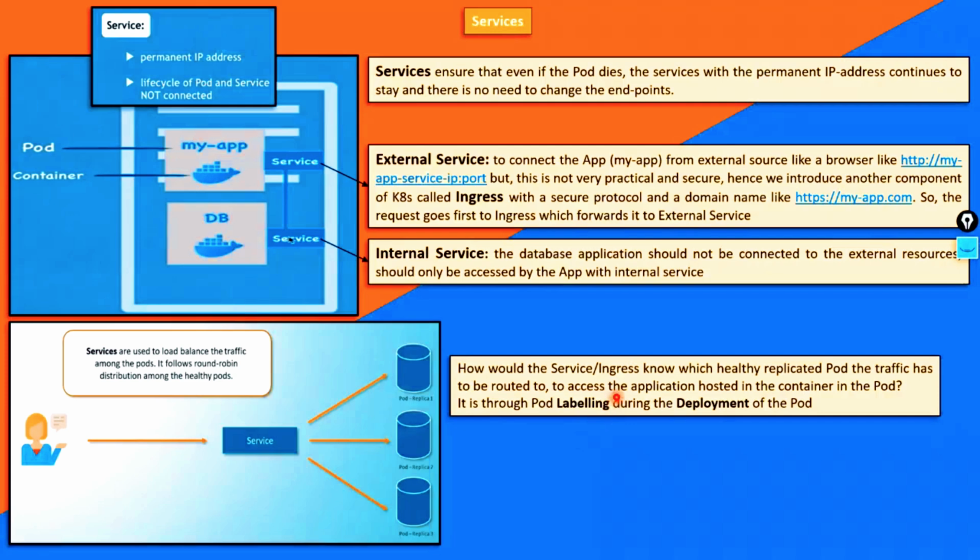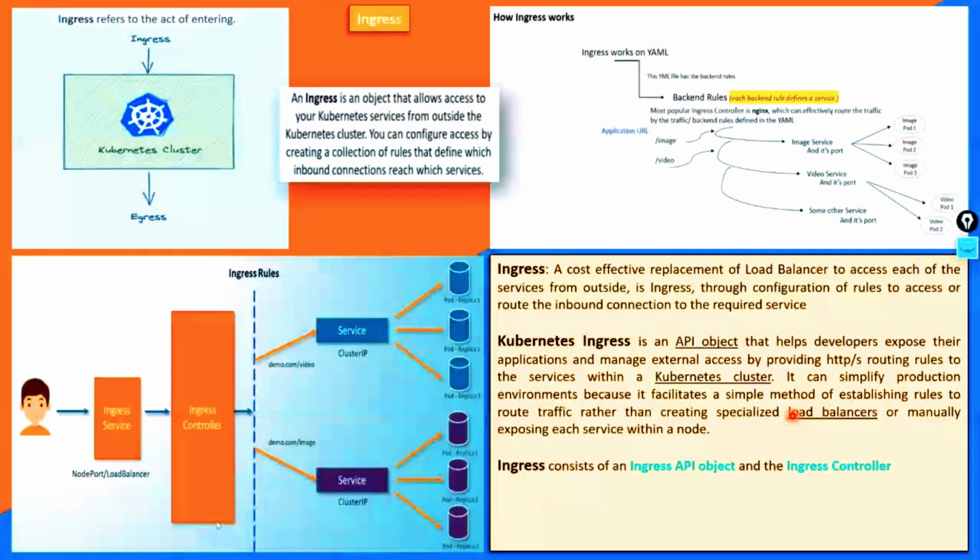I'm not going into that much detail, but you have to discover the healthy replicated pod. It has to be routed to the correct, healthy pod, and it is done through the labeling that was created during the deployment of the pod. That is one part. I know I'm rushing through the topic, but I have to do that.